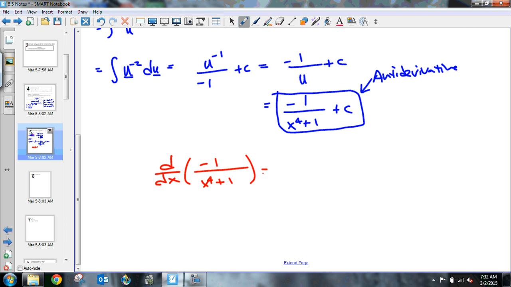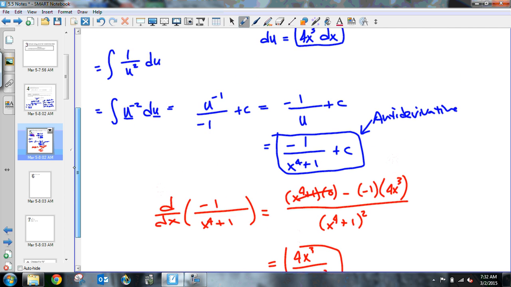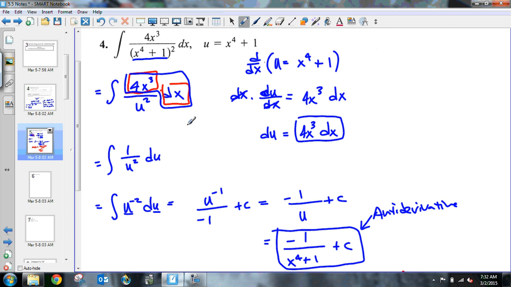I would need to use the quotient rule: the low function, x to the fourth plus 1, times the derivative of the high, which is 0, minus the high, which is negative 1, times the derivative of the low, which is 4x cubed, all over the bottom squared. So I get x to the fourth plus 1 quantity squared. This goes away, and this becomes positive. So I end up getting 4x cubed over the quantity x to the fourth plus 1 squared, and that is my integrand.